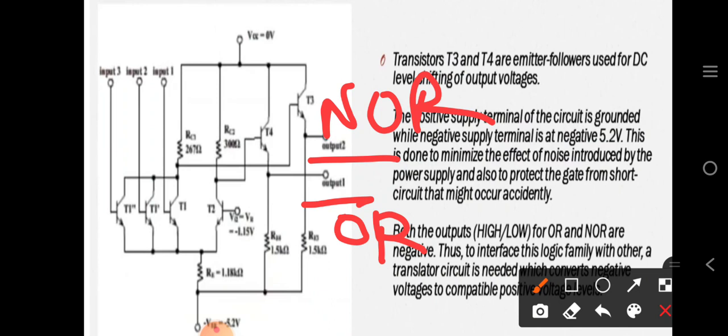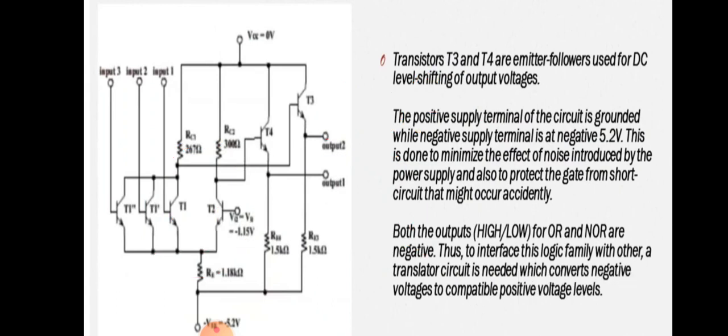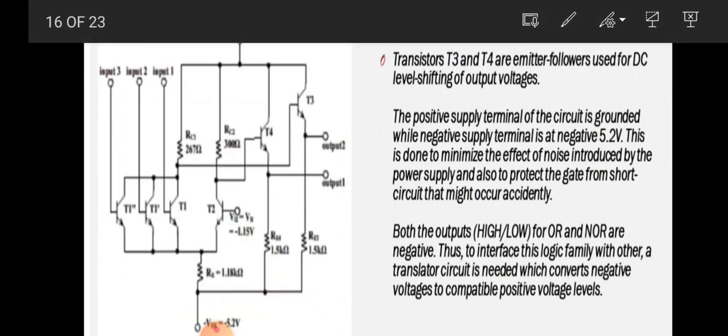And as we have explained, it is a differential amplifier. So T1 and T2 are connected by using common emitters. We are saying this family is emitter coupled, which means both the emitters of T1 and T2 are coupled together. So it is called emitter coupled, or we can say the differential amplifier configuration.